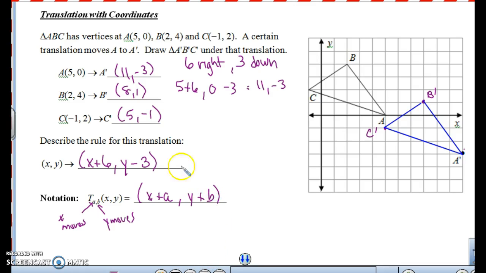So if we used the notation T a, b for the one we just did, this would be T 6, -3 of (x, y). That would be my translation, because that is x plus 6, y minus 3. And that's exactly what we're doing. This is the plus 6, this is the minus 3, 6 to the right, 3 down. That's the x, that's the y.